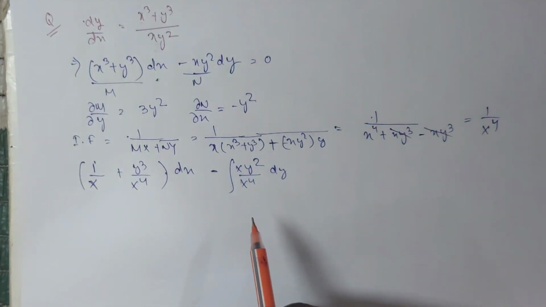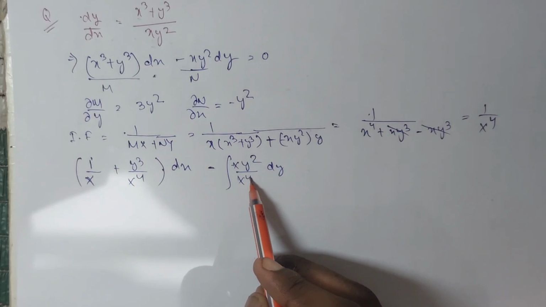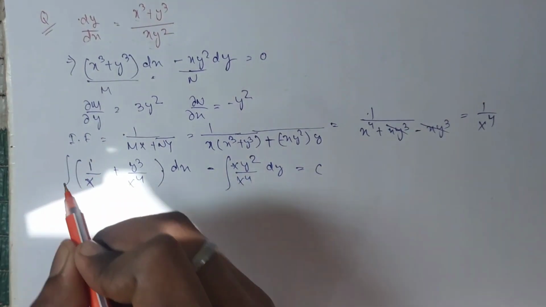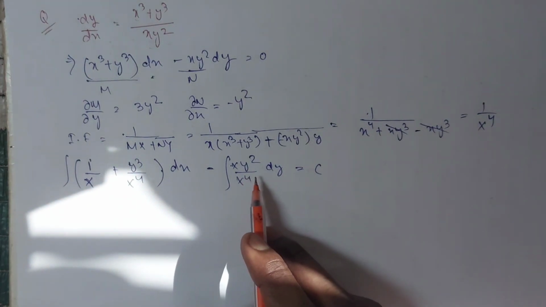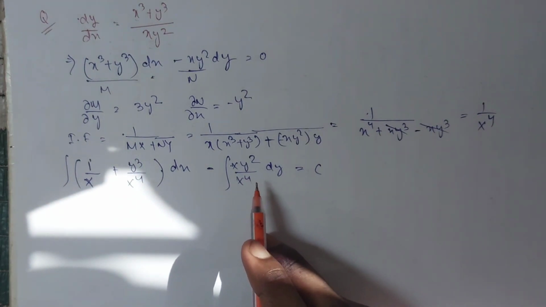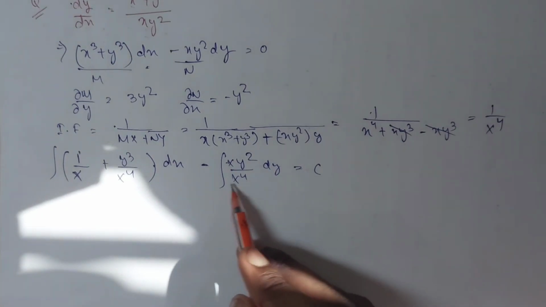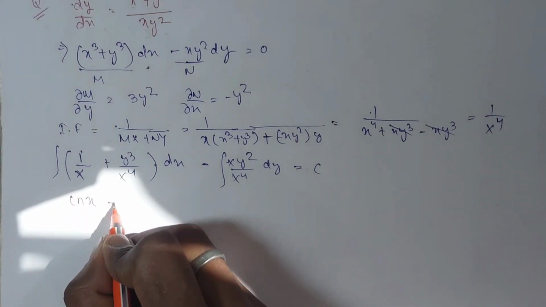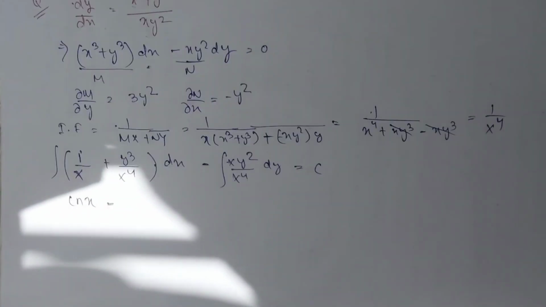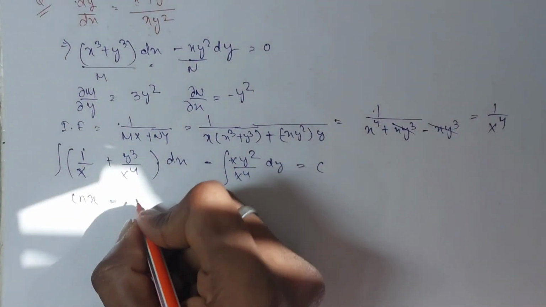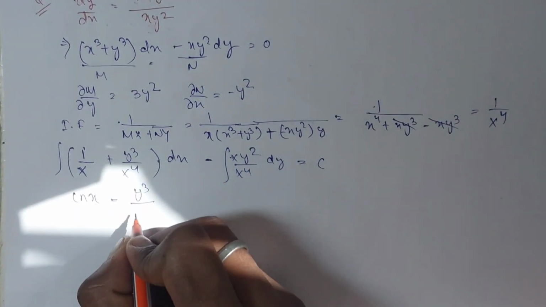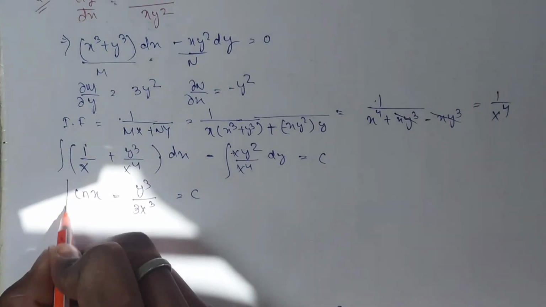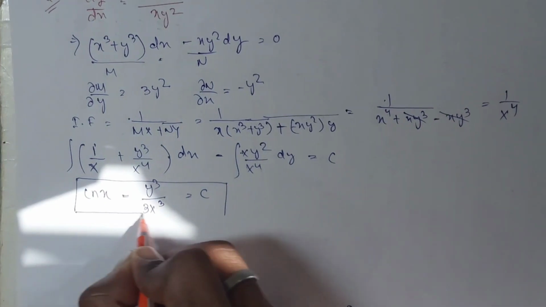Here if we cancel out one x, there is x cube, and since the N term contains x, the integration of this part becomes 0, and only this part survives. So it becomes ln x minus y cube by 3x cube equals c. So this is our solution.